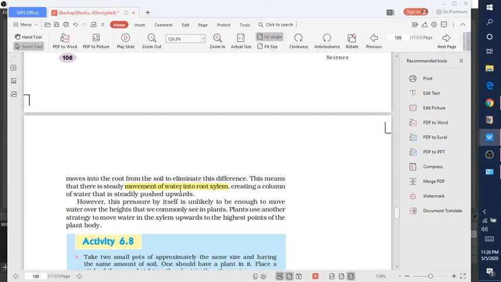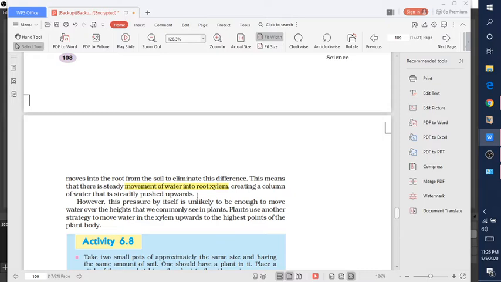Water moves from the xylem vessel to tracheids, and this process is known as diffusion. There is a steady movement of water from soil to roots to xylem vessels and tracheids, and it creates a column of water that is steadily pushed in the upward direction.